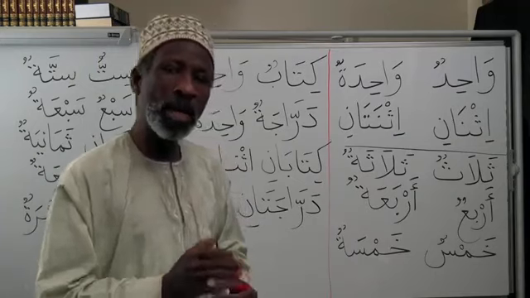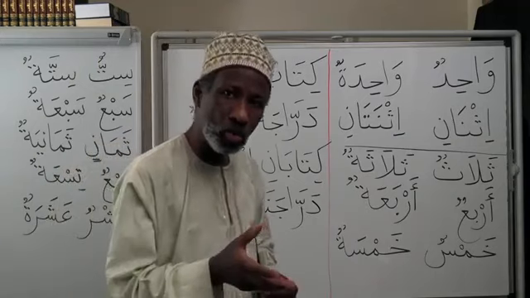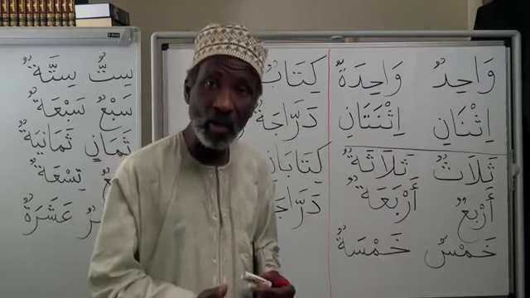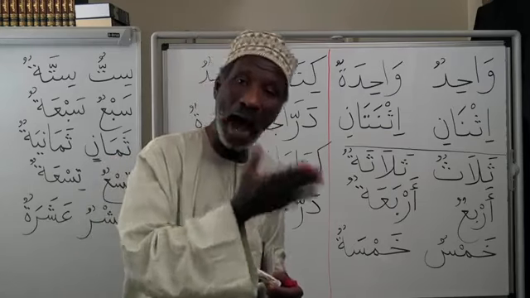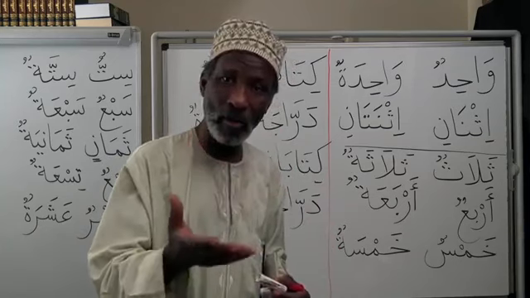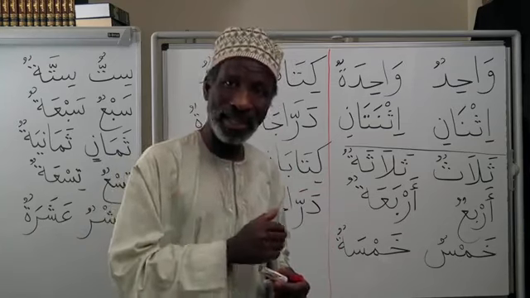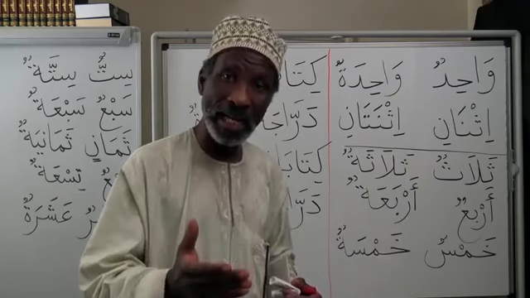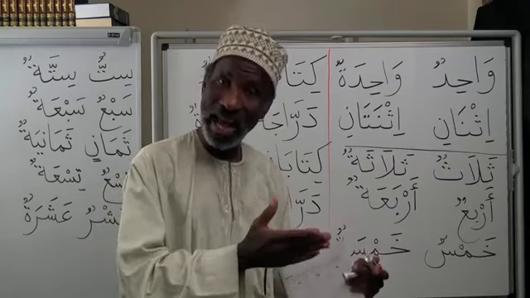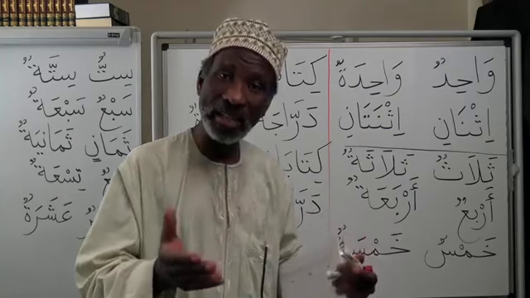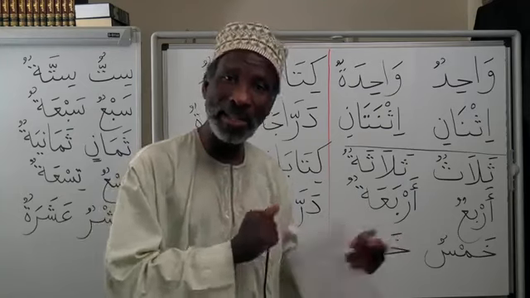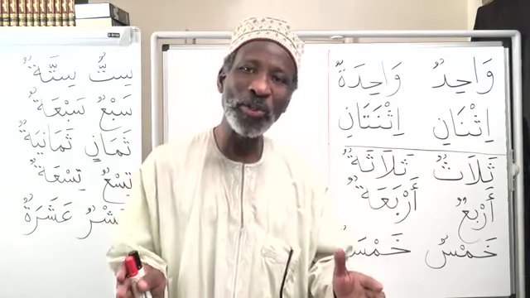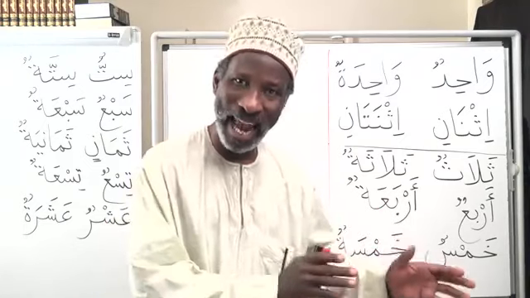That's how number 1 and number 2 are used in Arabic. If you want to, then you have to use them after the noun. You say kitabun wahidun. Darajatun wahidatun. Kitabani ithnani. Darajatani ithnatani. Now, let's learn how to use number 3 to number 10.